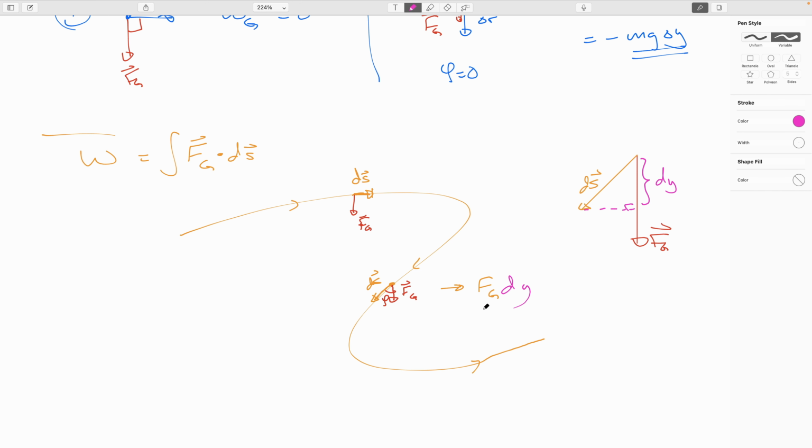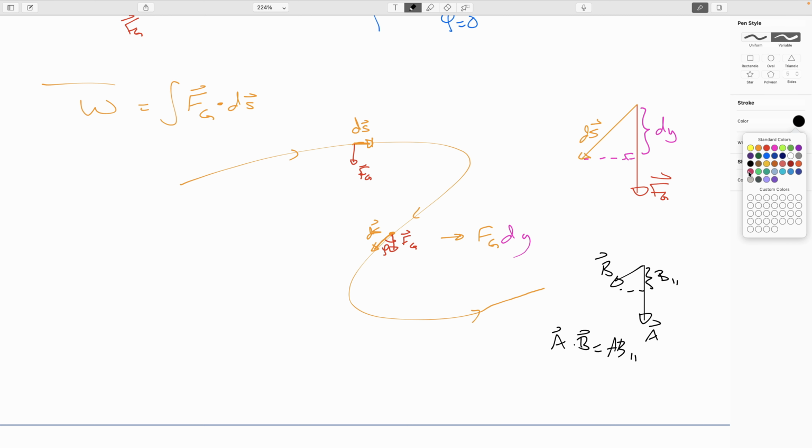That's coming from the dot product identities we had earlier: if I have a vector A and a vector B, then A dot B is equal to A times B parallel, the piece of B parallel to A. So this is exactly what I'm doing here. I'm taking ds, and the piece of ds that's parallel to the force of gravity is the change in the y component. So that's where we're going with this.